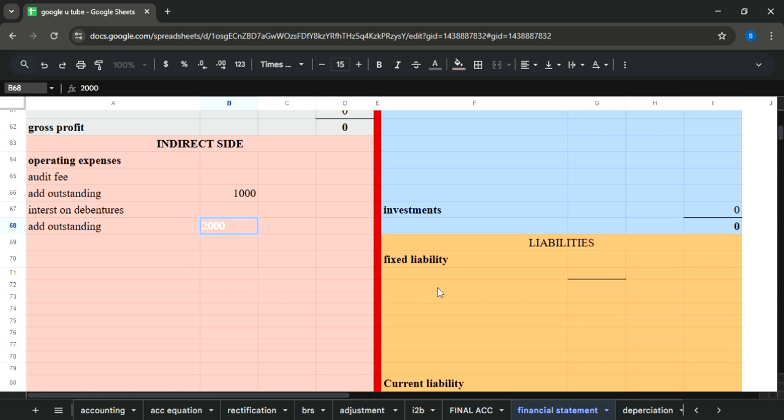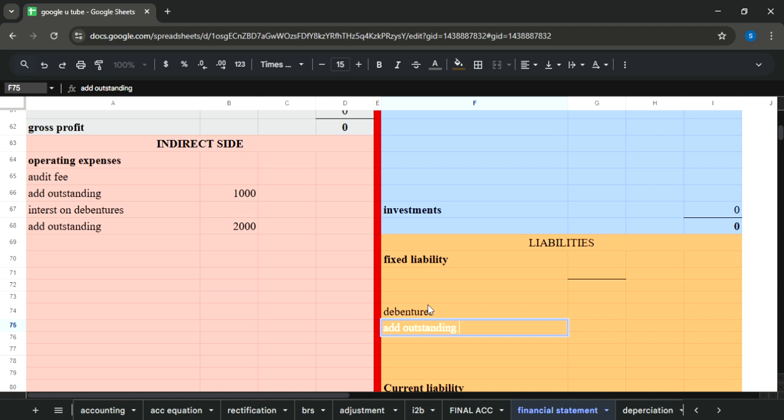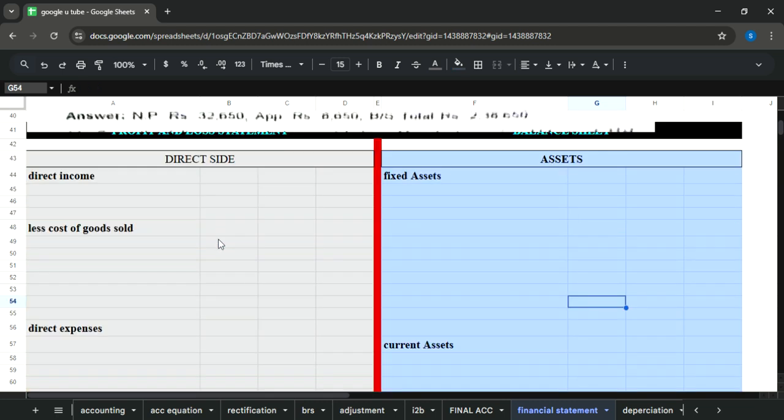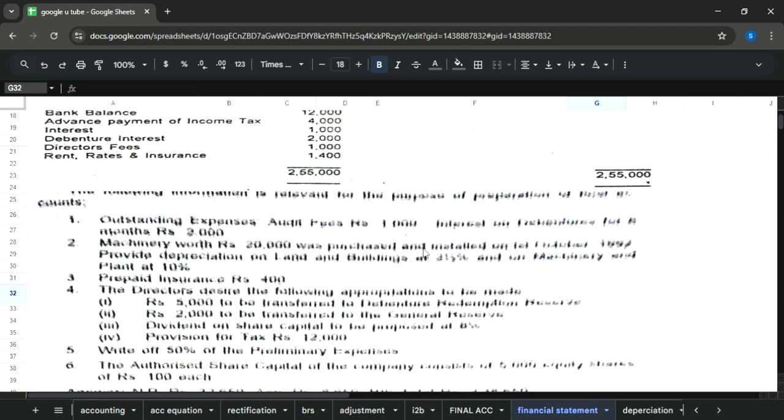Second effect, please note it down. We will go to the fixed liability side. Debentures are noted, and we will add any outstanding interest on debenture, and that is 2000 mentioned in the question. Again, both dual effects are in front of you, one on the left side, one on the right side. It means interest on debenture is completed.